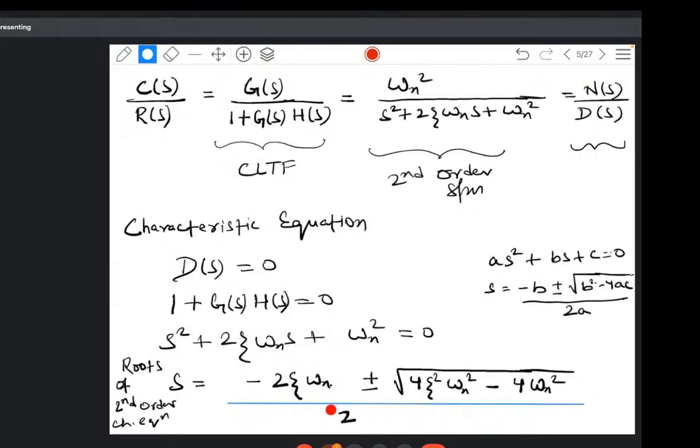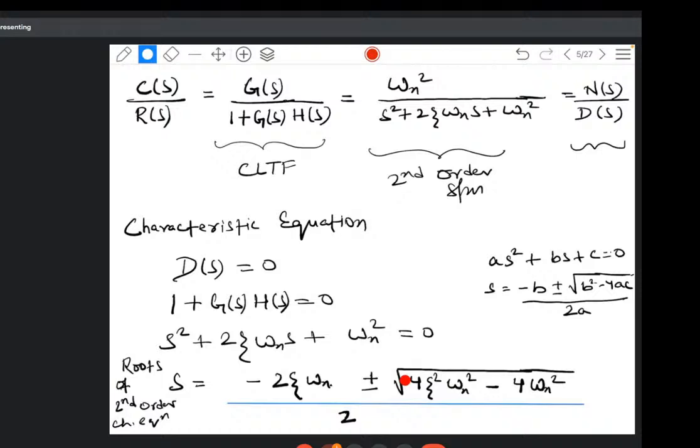So this will finally come as, 2 and 2 will get cancelled, minus zeta omega n plus minus, we can take 4 omega n square common from here, so this will be 2 omega n. So 2 and 2 will get cancelled, and finally I'll be getting minus zeta omega n plus minus omega n under root zeta square minus 1.